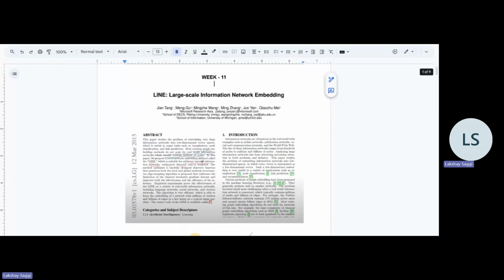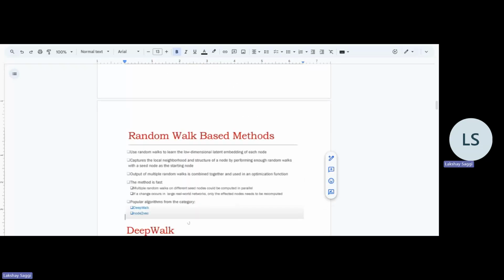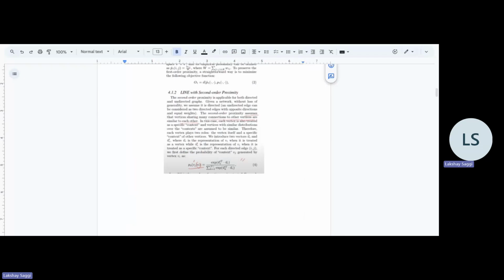Okay then. So we have discussed this LINE network. But this LINE network involves a lot of mathematical formulas and looking at graph structures. So even though it's extendable, it's not very fast.